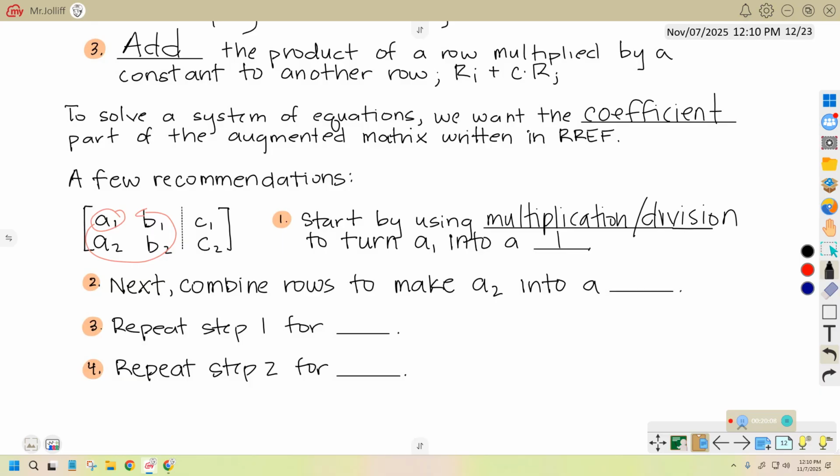Once this entry is a 1, I can then multiply it by whatever's down here and subtract the rows to turn a 2 into a 0.